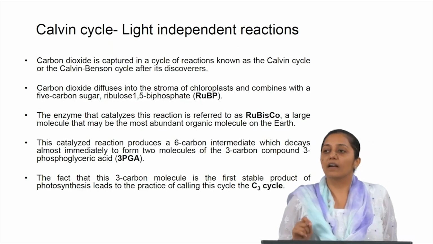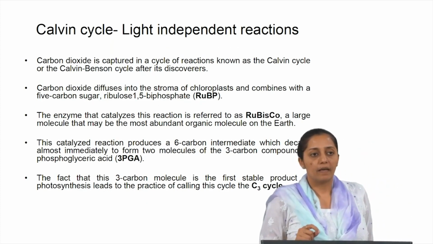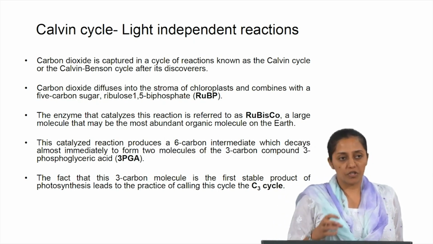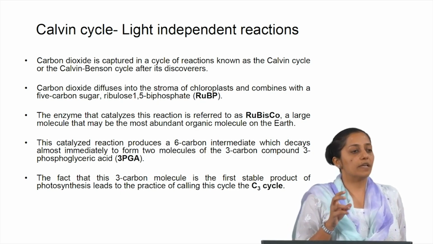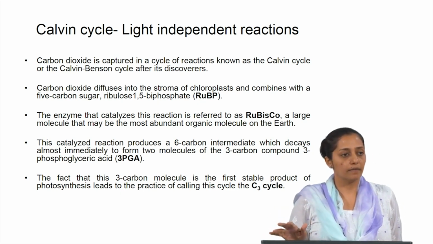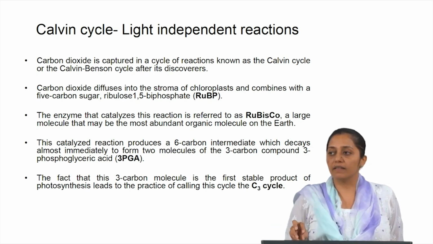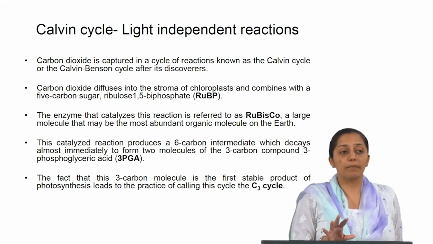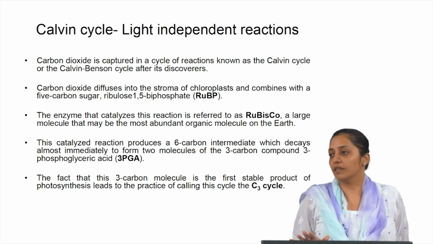Now, why dark reactions? In this reaction, the CO2 is captured. This CO2 is combined with ribulose 1,5-bisphosphate. In order to combine this, you need an enzyme which is called RuBisCO. It is the most abundant organic molecule present on the earth.